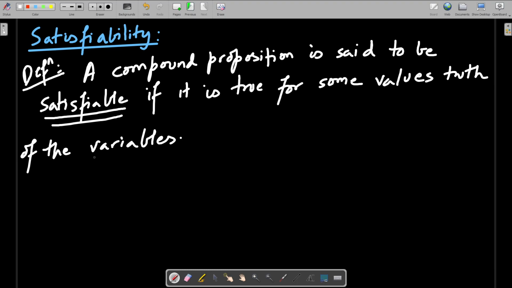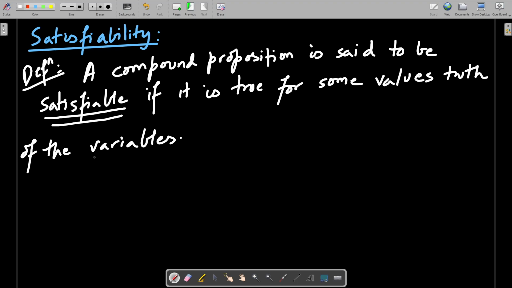So basically, what is a satisfiable proposition? A proposition which is true for at least one value of the dependent variable truth values.